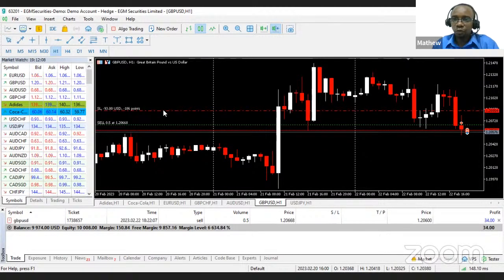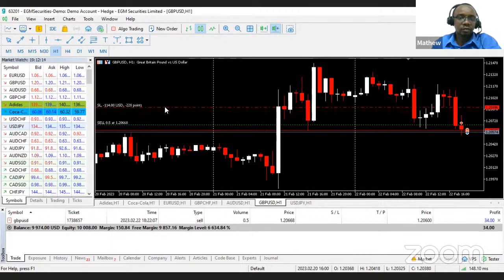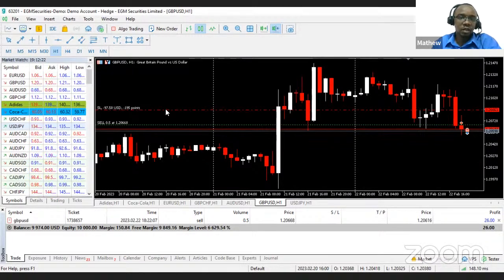You can move your stop loss. As you can see, as I move my mouse, I've clicked on the chart and left clicked it, and I can see the points. So let's say 200 points, which is 20 pips, you can choose that.